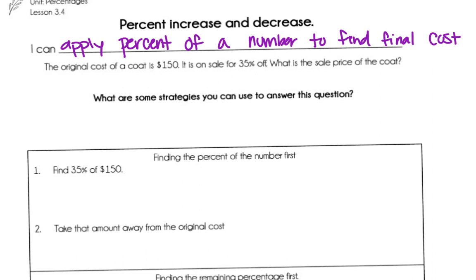So we're going to skip down to here. First we can find 35% of 150. And using our formula, the part is equal to the percent divided by 100 times the whole. Well, 35 is our percent.